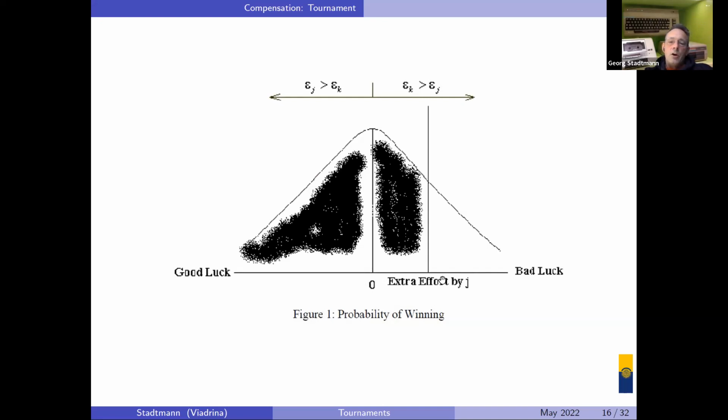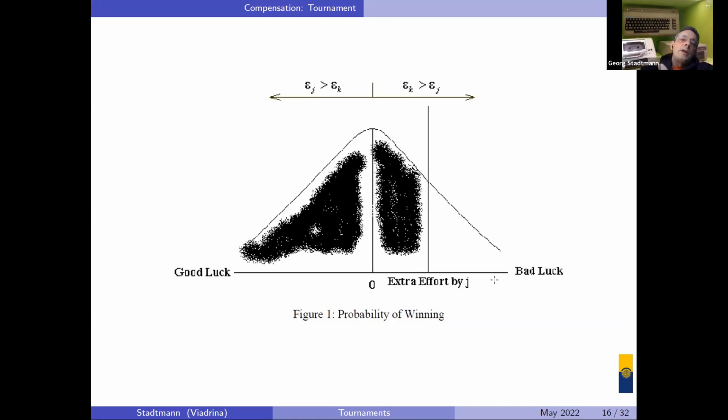On the horizontal axis, we have the difference between epsilon K and epsilon J. So on the horizontal axis, we have the difference between the two luck components. In case that we are to the right of 0, then the bad luck component is positive, and epsilon K is larger than epsilon J, and it is bad luck for agent J.